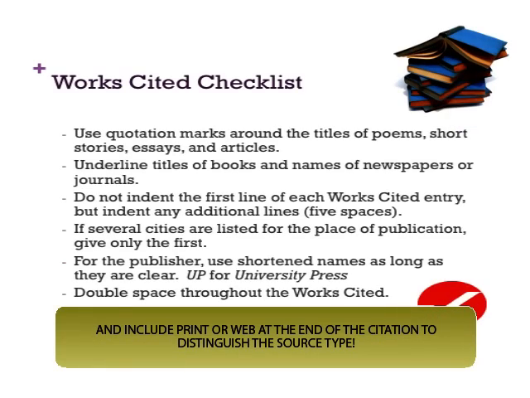Here are some specific things to consider when creating your works cited page. Put quotation marks around the titles of poems, short stories, essays, and articles. It does say underline the titles of books and names of newspapers or journals. In the newer 2009 MLA guidelines, you are supposed to italicize those. So please italicize the names of books, newspapers, and journals.